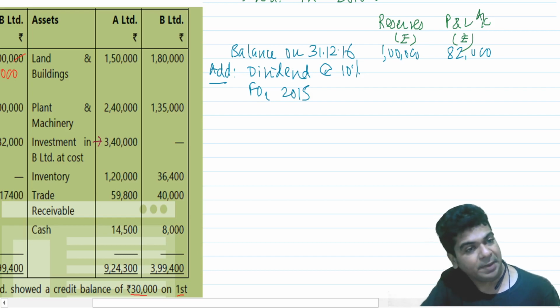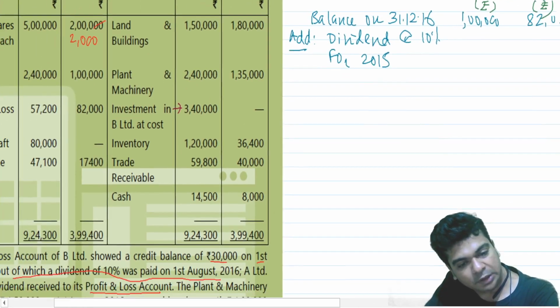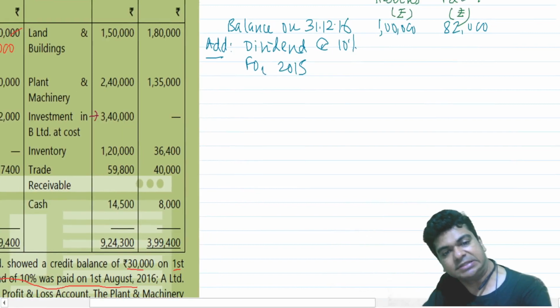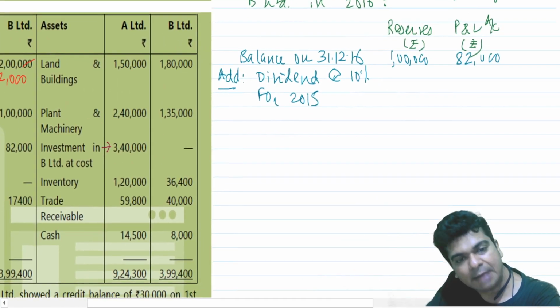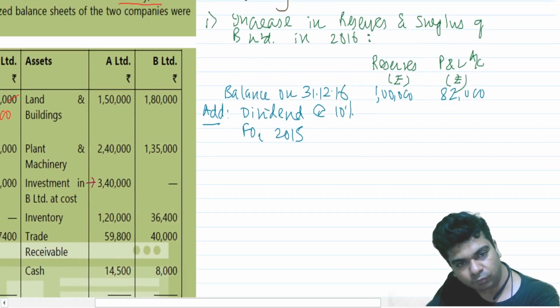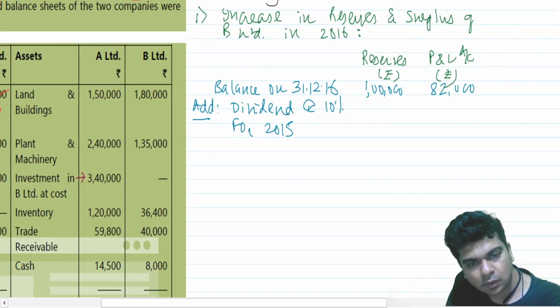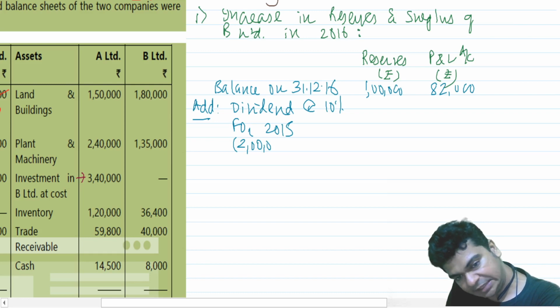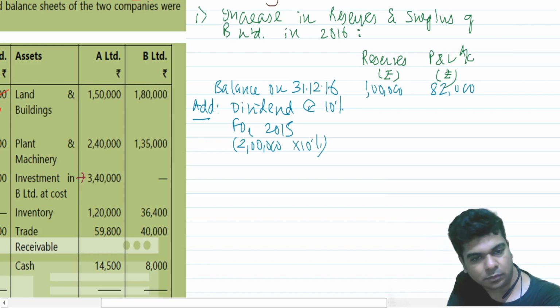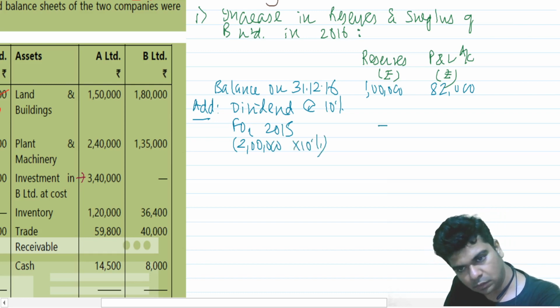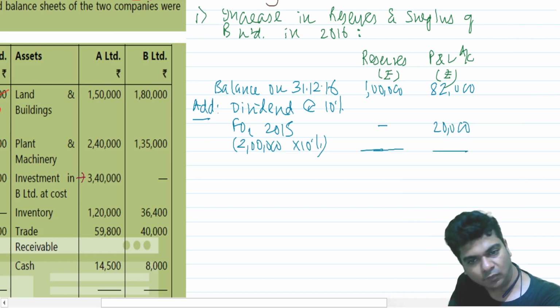Right, the dividend has been paid for the year 2015, 10%. The share capital is 2 lakhs of rupees. So I say 2 lakhs into 10%, 20,000. Let's take a total.